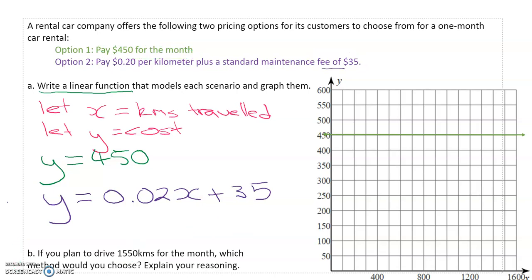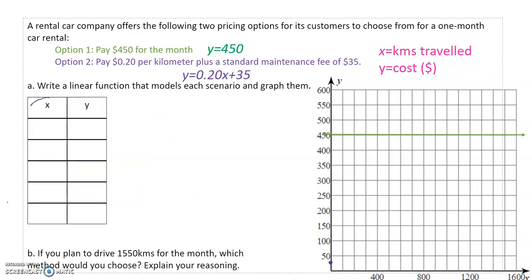Now 35 is a little tricky to find. I'm just going to put it there, and then I'm going to make a table of values to help me find my next points. So I've made a small table with x and y, and I'm going to go up by 200s. The reason I am not going up by 0.2 is because the question asks me for 1,550 kilometres.